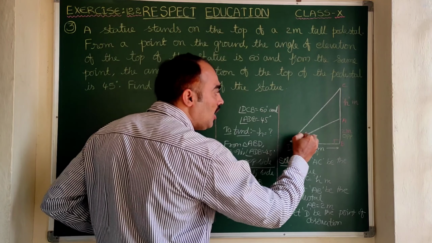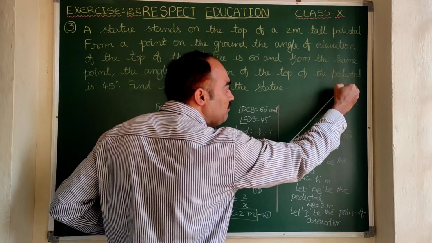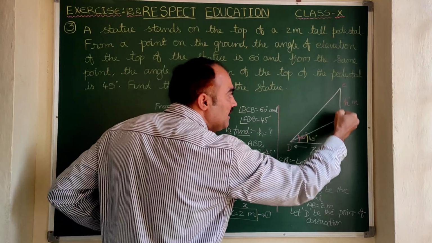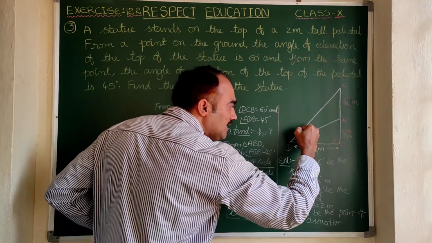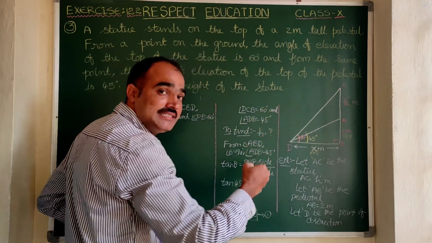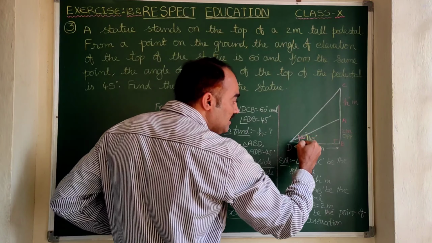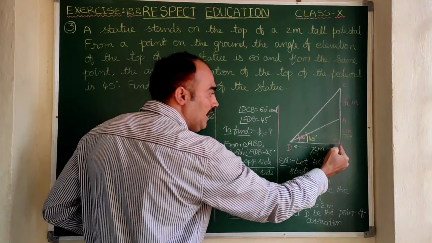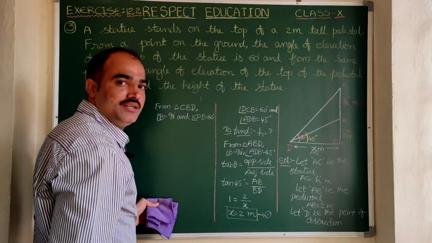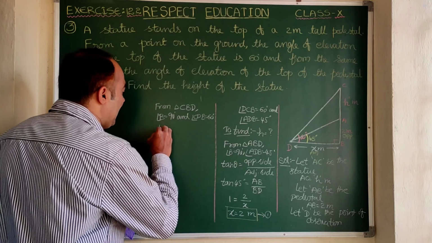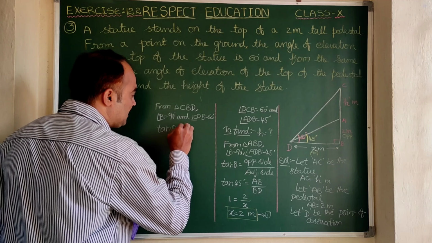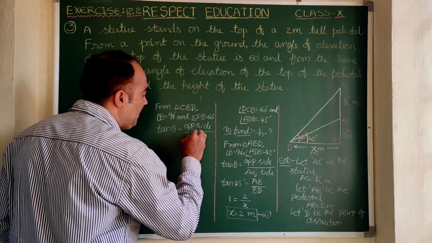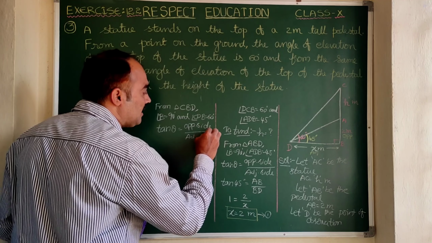For this 60, opposite side is BC, and adjacent side is BD only. So here we can apply as usual tan theta is equal to opposite side to theta by adjacent side to theta.